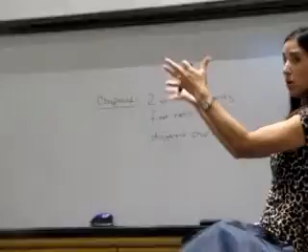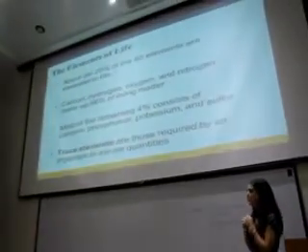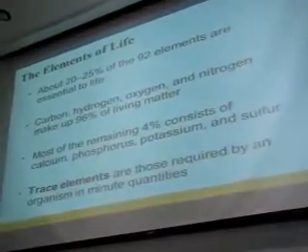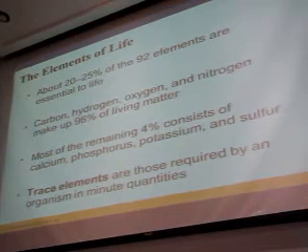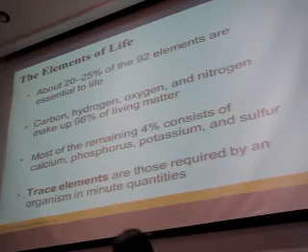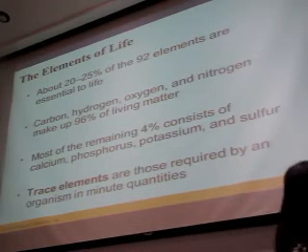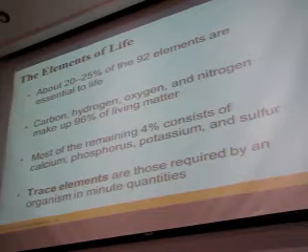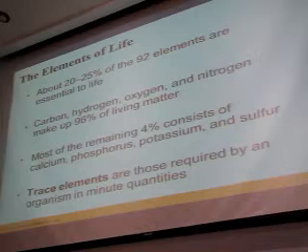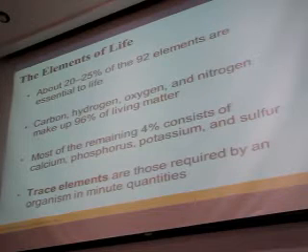So we look at that periodic table that you might be familiar with from chemistry. About 20 to 25% of those elements are going to be essential to life. An essential element is something that's required by a cell or an organism to exist. Carbon, hydrogen, oxygen, and nitrogen make up 96% of living matter. I was talking to the nutrition class yesterday, and somebody remembered CHON: carbon, hydrogen, oxygen, and nitrogen.